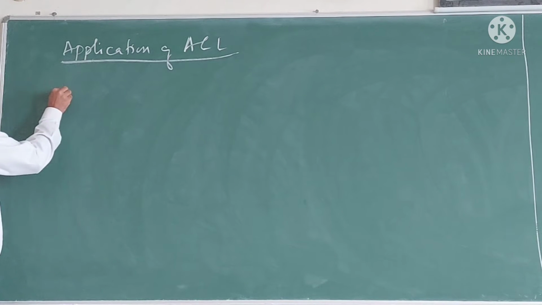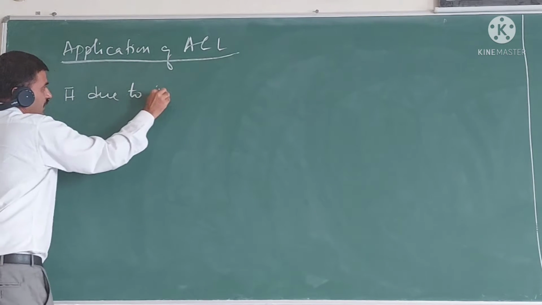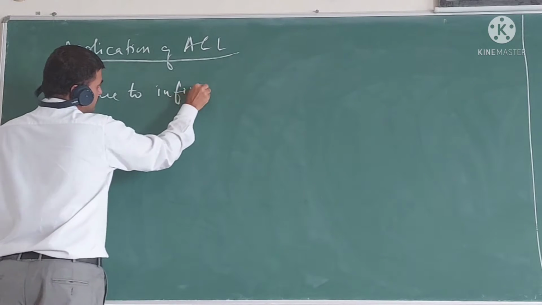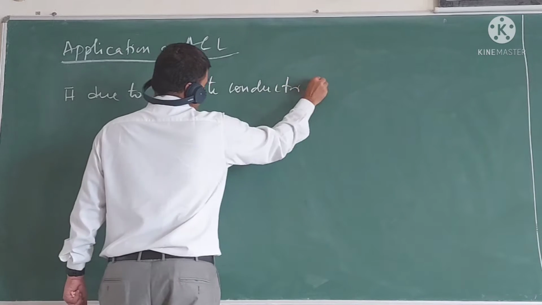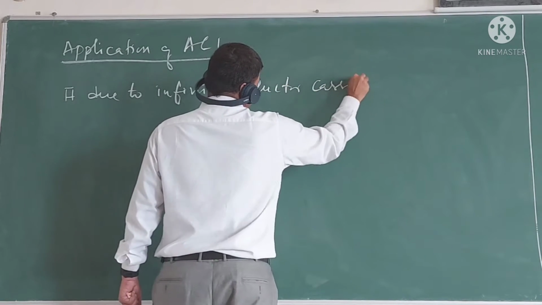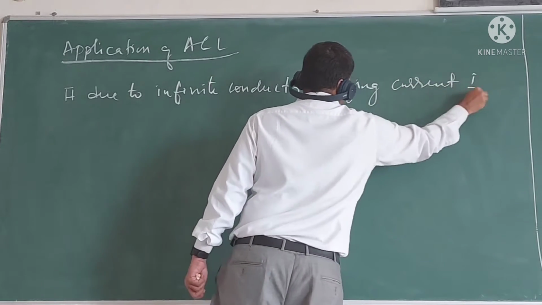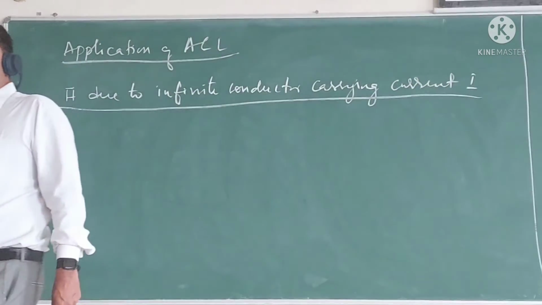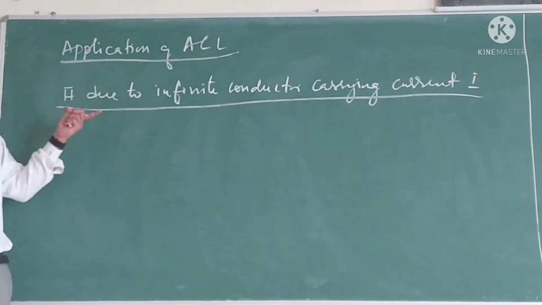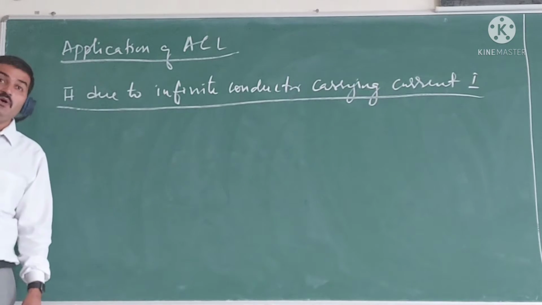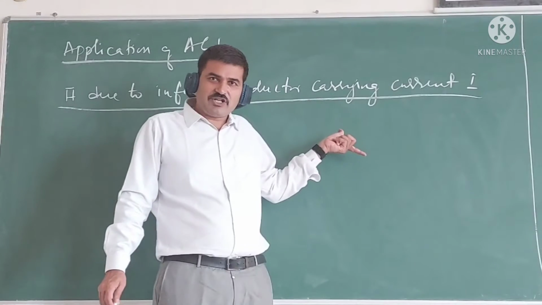The first application is H bar due to an infinite conductor carrying current I. This we did already using Biot-Savart's law, but even using Ampere circuital law we will derive it. Very simple. Shall we see the general steps for application?